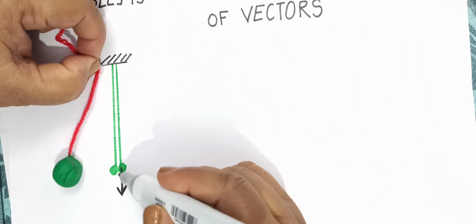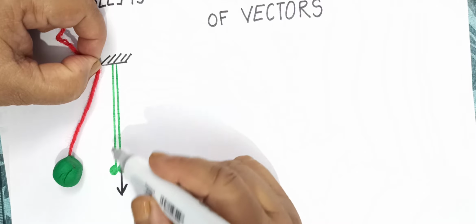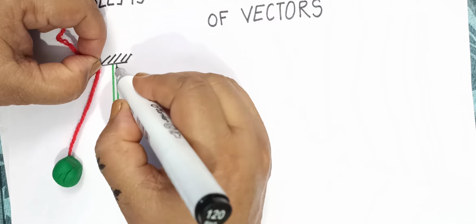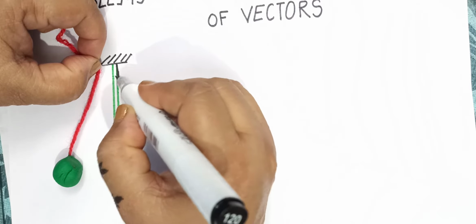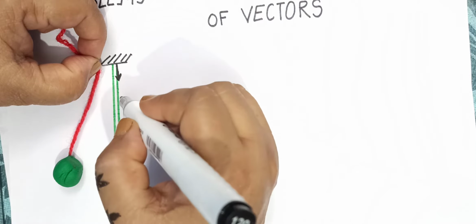This gravitational force initiated a chain of action and reaction. Ball tries to move down, so a force is experienced here at the point of suspension.